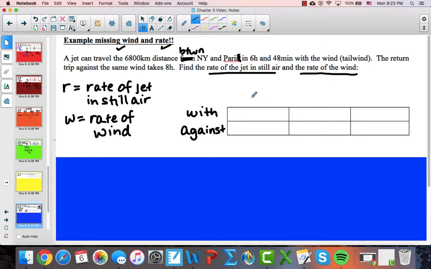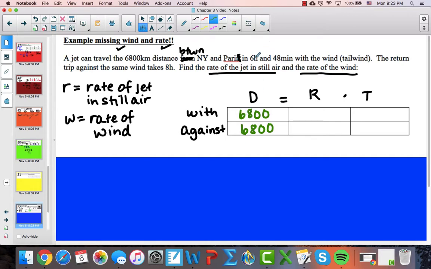I'm going to fill in my D equals R times T chart, and I'm going to plug in what I have. Well, the distance from New York to Paris is 6,800 kilometers. So I'm going there at 6,800 and I'm going back at 6,800 because it's the same distance, okay?